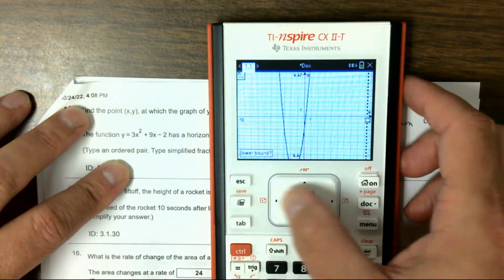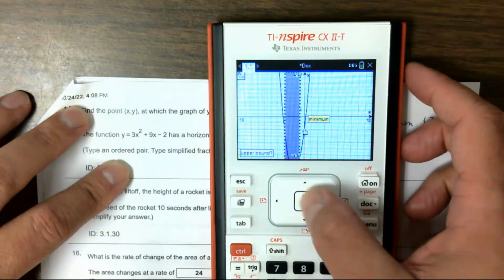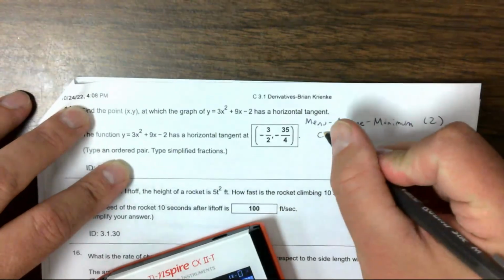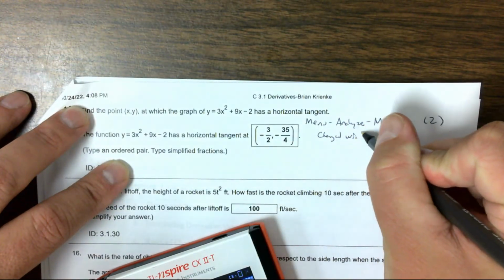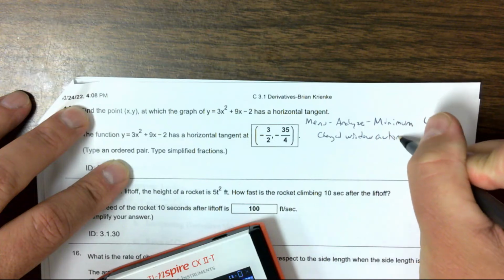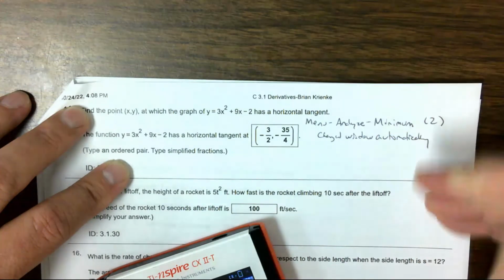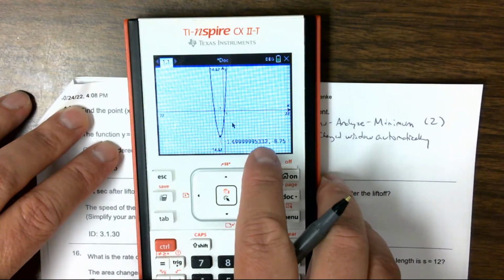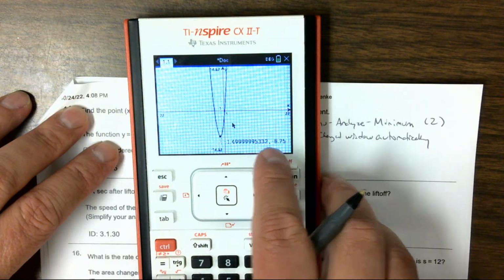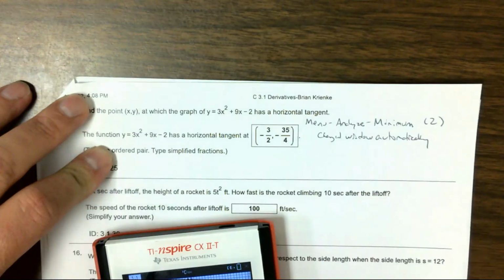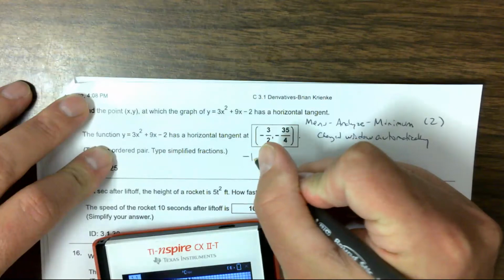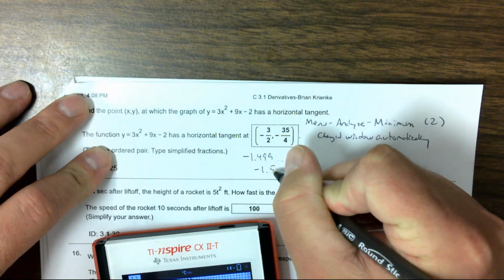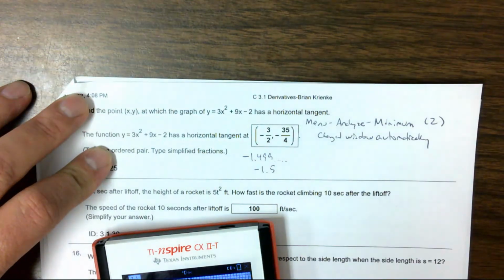And I want to trap it between here and here, and it changed my window for me automatically, and I see 1.49, and then I see some garbage at the end, and I see negative 8.75. I see a bunch of 9s, and so that's why we just make it negative 1.5, which is the same as negative 3/2.